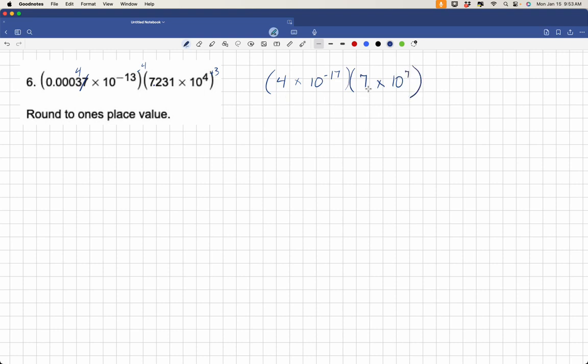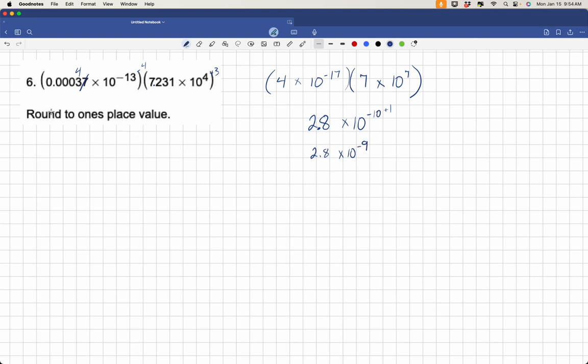So 4 times 7, that'd be 28, times 10, and negative 17 and a positive 7 be a negative 10, but we cannot do 2 places in scientific notation. So we would want to go forward 1 place, so plus 1. So that would be 2.8 times 10 to the negative 9.